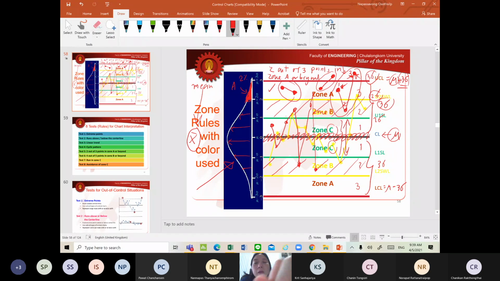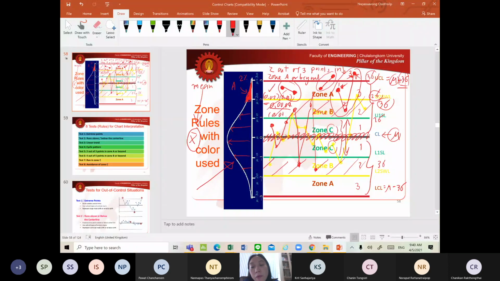And if you have 2 consecutive points, the probability will be 0.02 times 0.02, the probability of the events happening together.